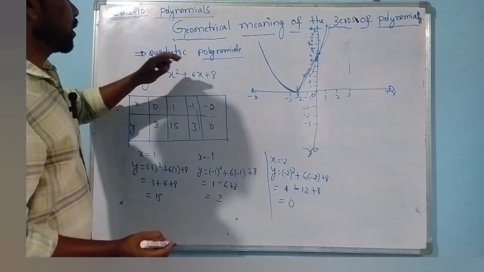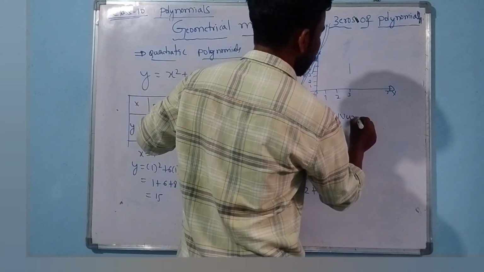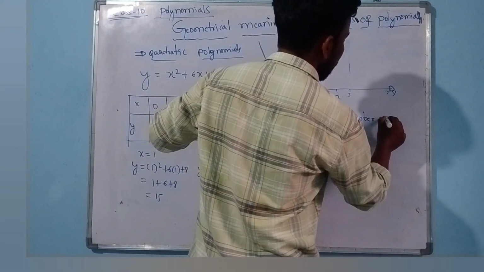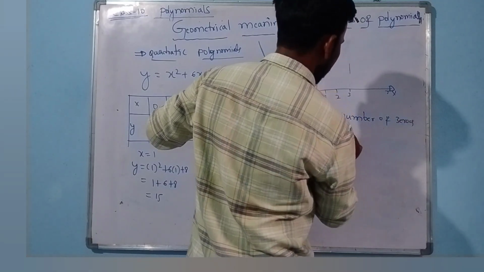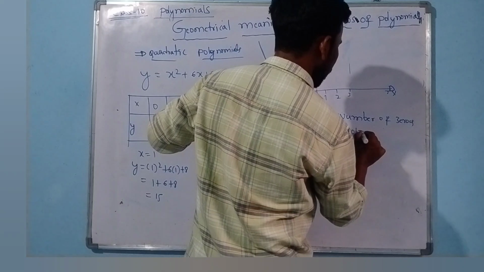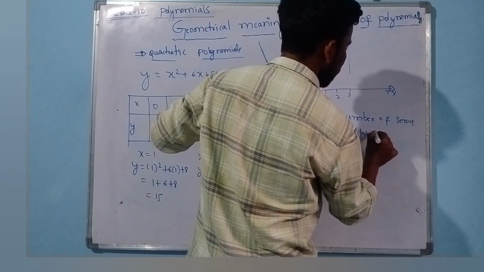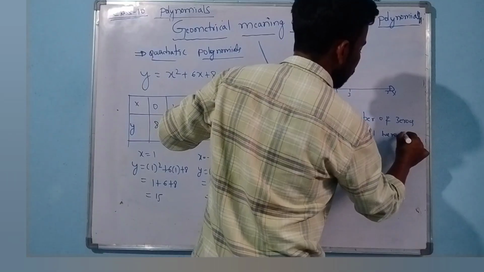The number of zeros we obtained here is 1.